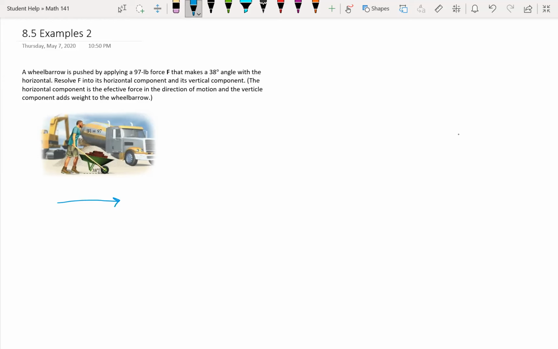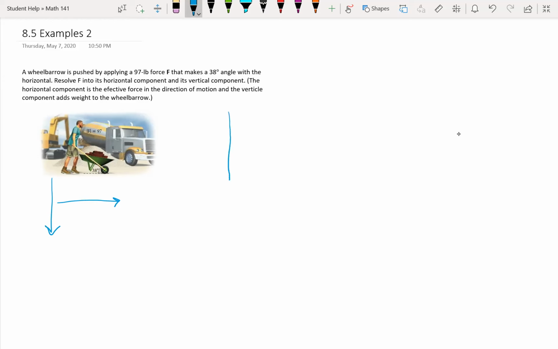And that's competing with the pull of gravity, which is going to be the vertical component coming down this way into the ground. And so you've got these two things that are happening. You need to push it with enough force going forward that it compensates for the gravitational pull of the weight of whatever's in the wheelbarrow pulling it down. So we have this triangle that's created based on what's drawn here.